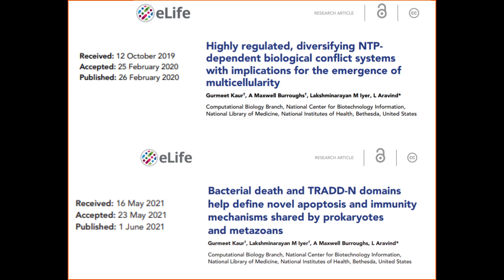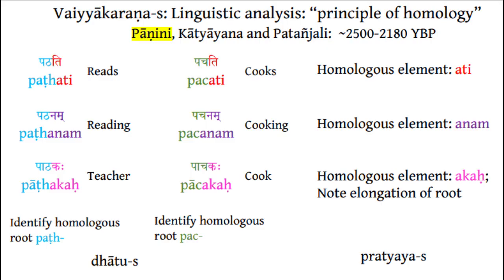Right. Because in the end, biological systems are linguistic systems. And much of the language of biology is very similar to our human languages. So the methods of analysis of biological systems should closely parallel that of human languages, which is something our tradition has long paid attention to.